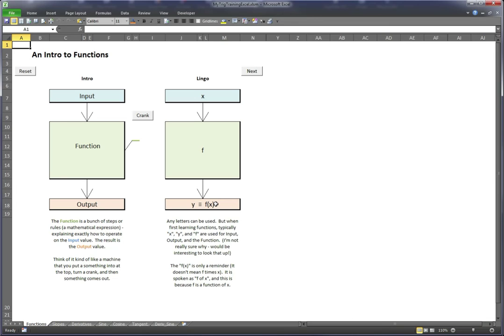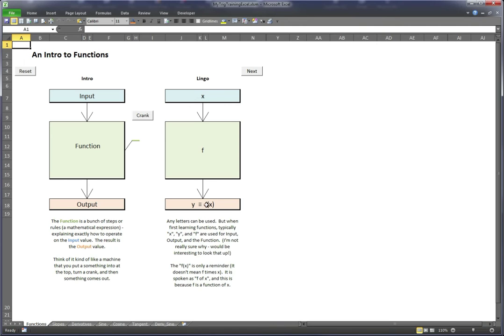So the next interesting thing to really understand here, and not get confused by, is when you see this F with X in parentheses. It does not mean to multiply F times X. That's probably one of those things that when you're brand new, you might wonder what this means or what do I do with it. It is strictly a reminder that we're using a function called F and that X is coming into it.